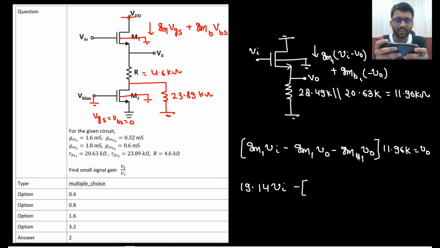I am just doing the calculation. So 1.6 milli plus 0.32 milli is 1.92 milli, into 11.96, that would be 22.96. So minus 22.96 V naught, plus 1 V naught, gives 23.96 V naught. What would be your V naught by V in?